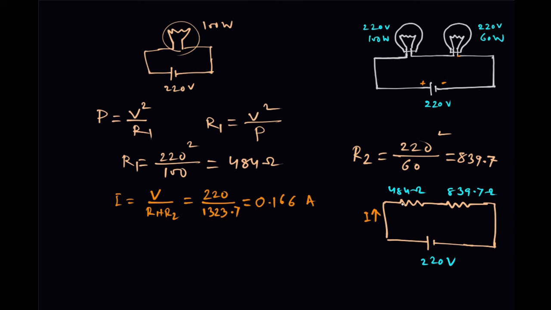Now power consumption in this resistance, let this be P1. So P1 is equal to I square R1. We'll apply this formula, I square R1, that is how much? I square, that is 0.166 square into R1 is into 484.